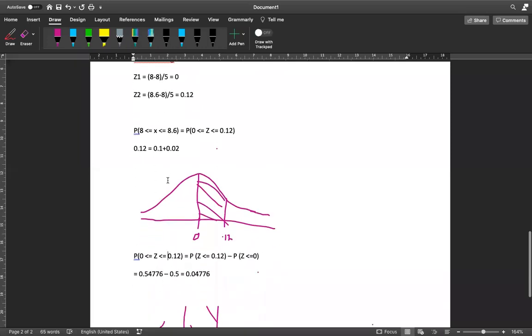Yeah, you can say that. Okay, and then the 0.12 represents the 8.6. But you see, for us to be able to use the table to find the probabilities, we have to actually standardize them, so that life becomes easier. Otherwise, you have to resort to the integration, which is not a friendly approach.